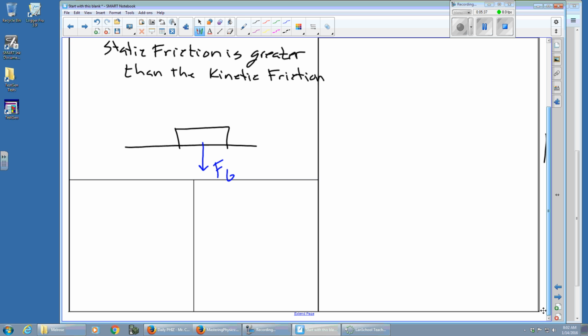So we've got the weight down, the normal force up. We're pushing on the book with some force F, and because it's trying to slide or sliding, the table and the book are resisting that change. So you have a frictional force back that way, and no acceleration.